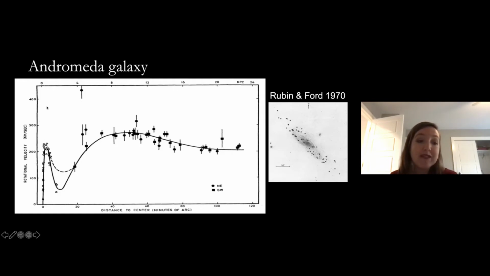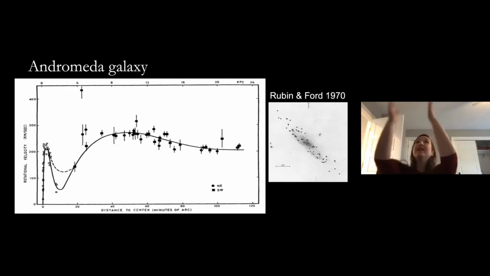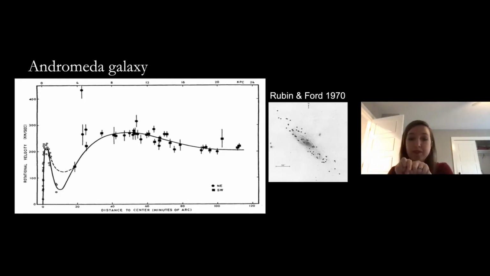So let me explain what we're seeing here. The horizontal axis represents distance from the center of the galaxy. On the bottom, it's in what are called arc minutes, which is basically a measure of angles. That's how we see it measured on the sky: what's the angle between the center of the galaxy and that young star region.